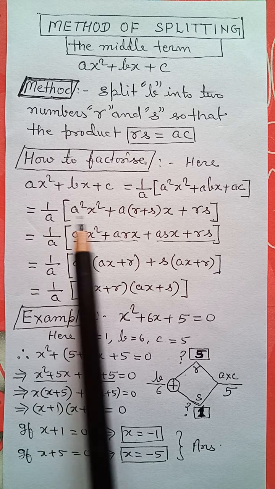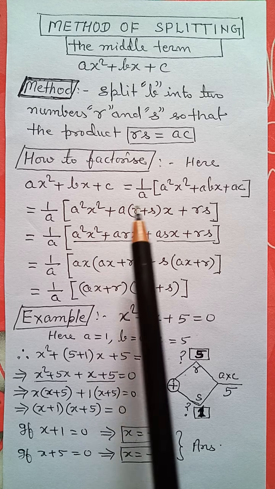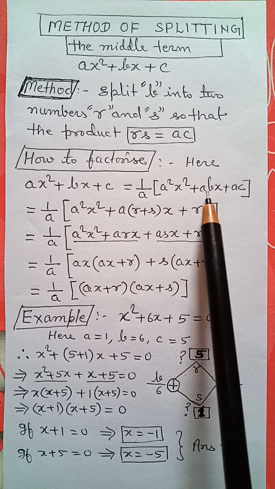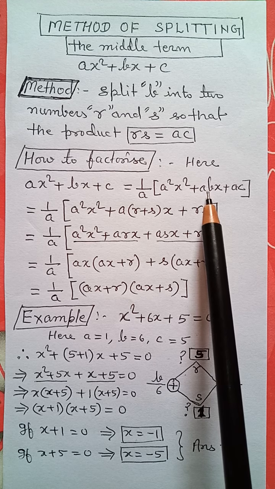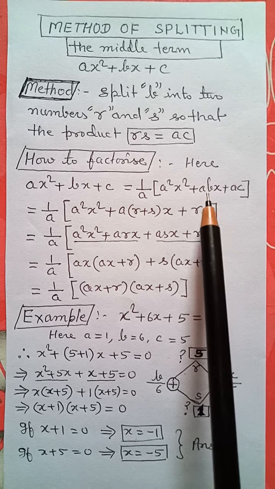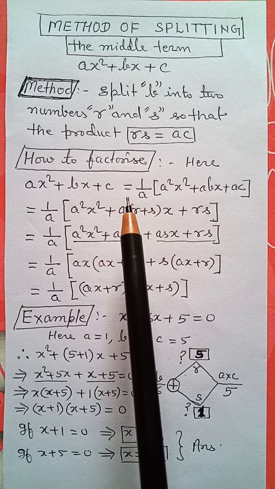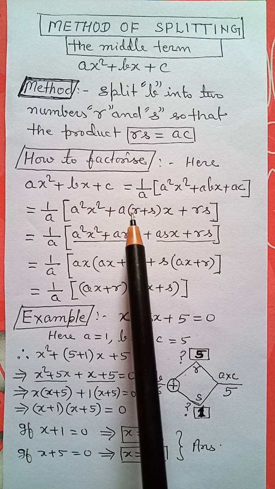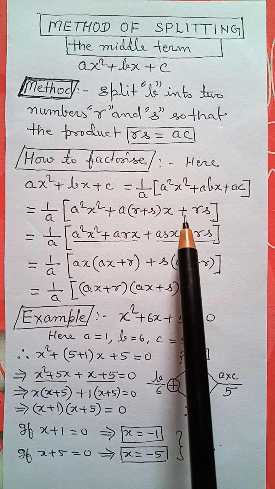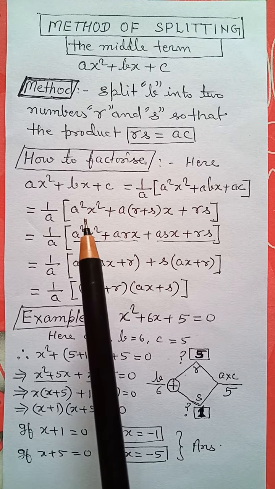Now, 1 by a times (a square x square plus abx) can be written as a times, and b is r plus s, because b has been split in two parts, r and s, multiplied by x, plus ac is nothing but rs.